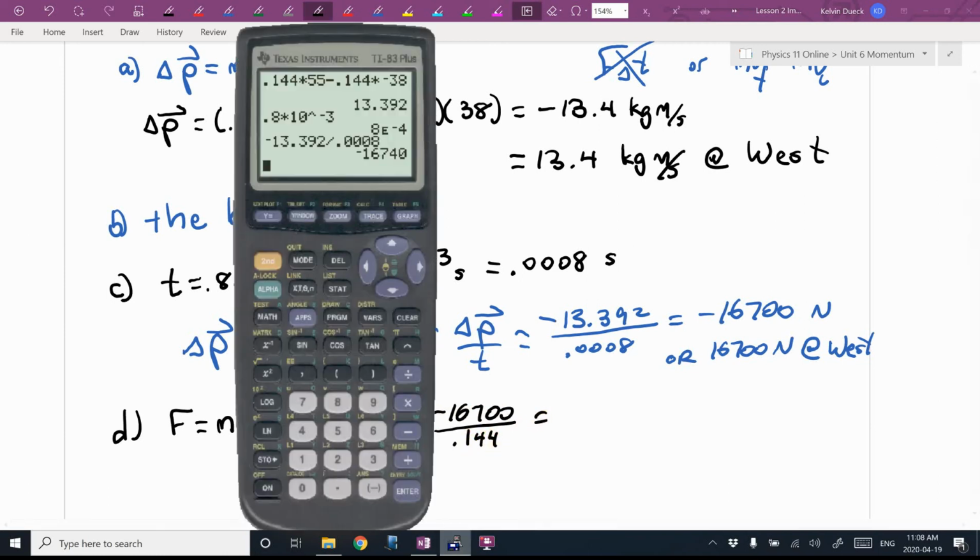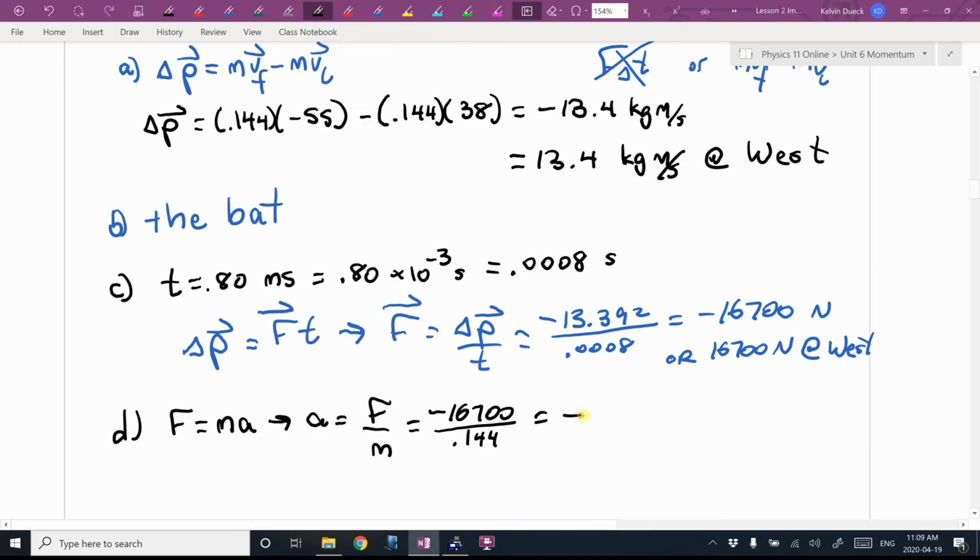I'm going to use my answer button, of course, divided by 0.144, and I get an acceleration of negative 116,250 meters per second squared, or if I wanted to make it a vector with a direction, meters per second squared at west.